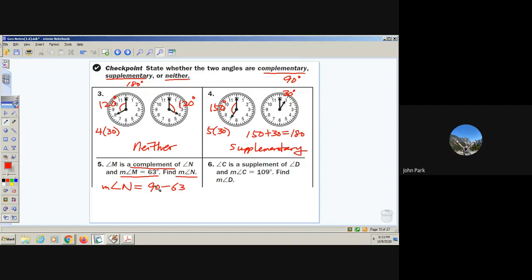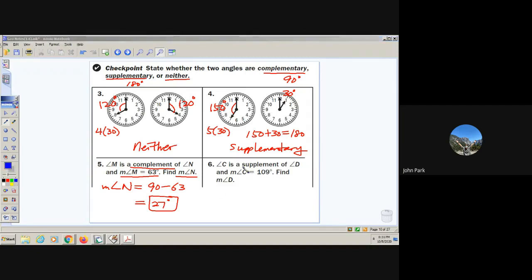You just subtract 90 minus the other one, and that should give you 27 degrees. So 27 plus 63 adds up to 90, right? One angle is 63, the other angle is 27. Together, they add up to 90 degrees.